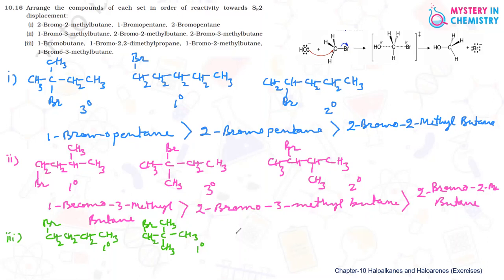Now after that the last one is 1-bromo-2-methyl butane. So 1, 2, 3, 4, 1 bromo, that means here 1 bromine is present, and 2 methyl, that means here 1 methyl group is present, and after that we are writing the hydrogen. So CH, then CH2, then CH3.